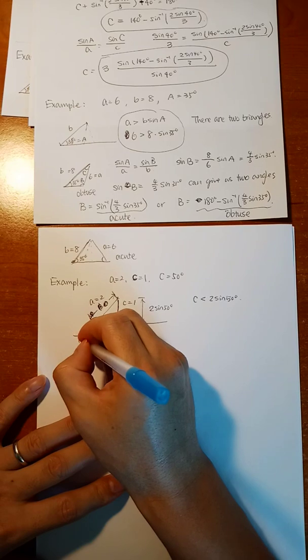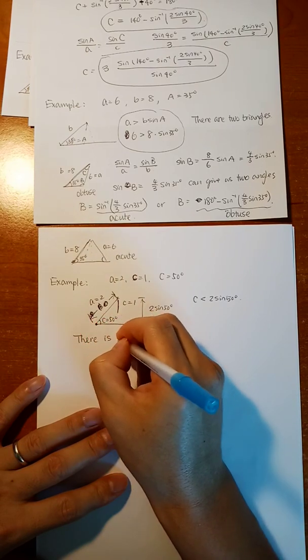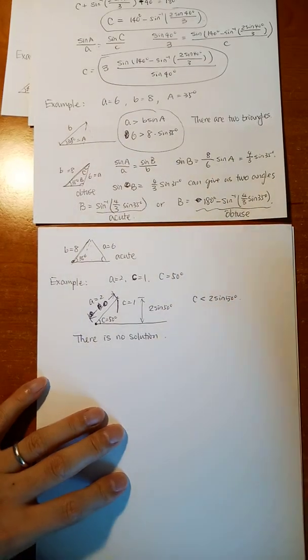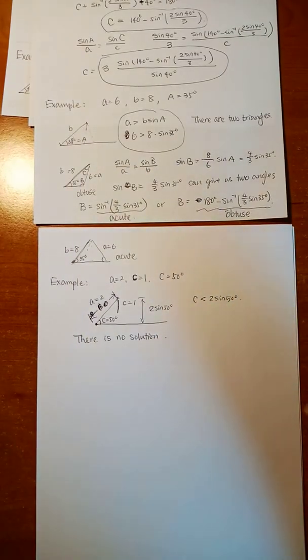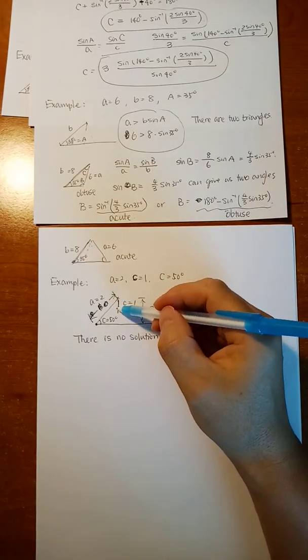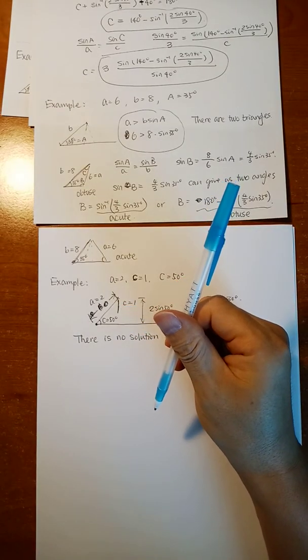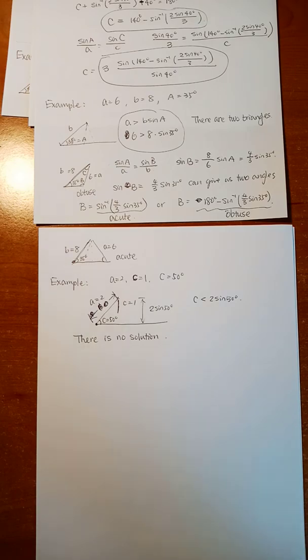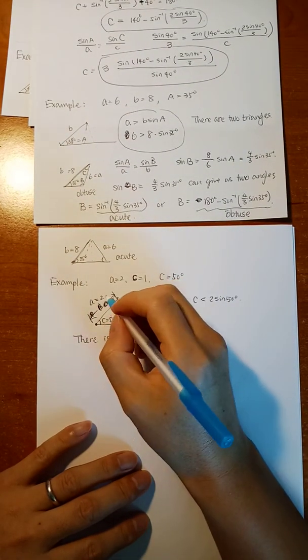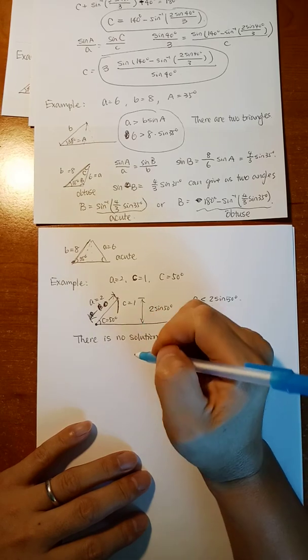So there's no solution for this situation. It's just because this segment is too small. C faces angle C, A faces angle A, B faces angle B.